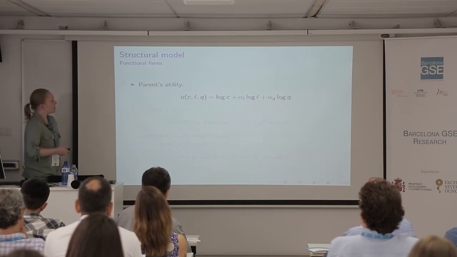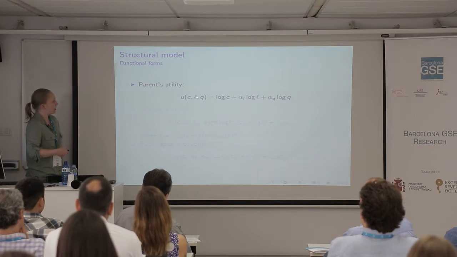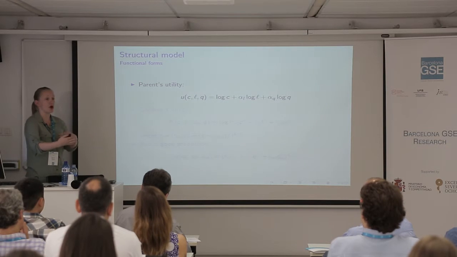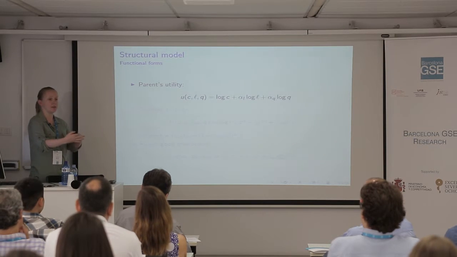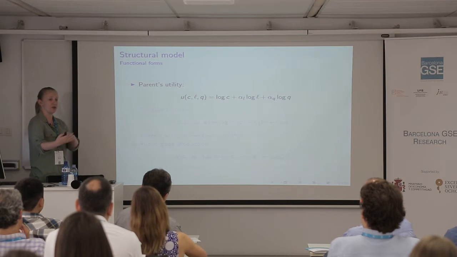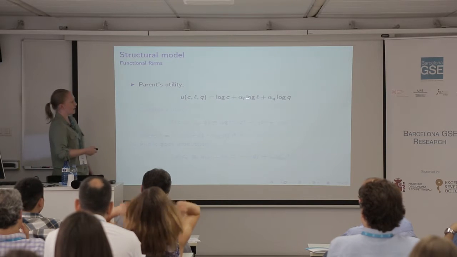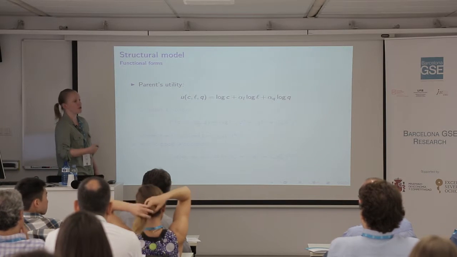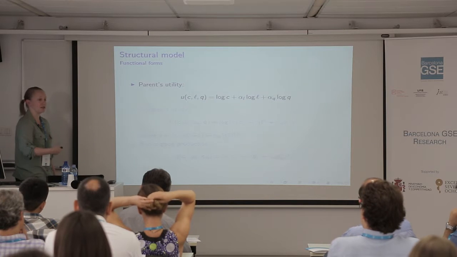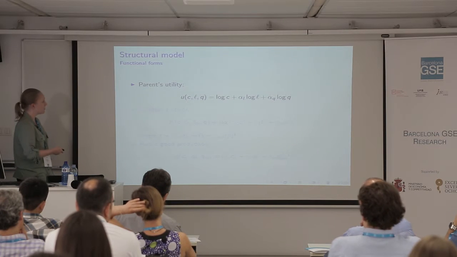So the parent's utility function is just this form here. I actually started out with a more complicated utility function, but the estimates didn't seem to be affected by that, so this seems sufficient to describe the variation in the data in the structural estimation.